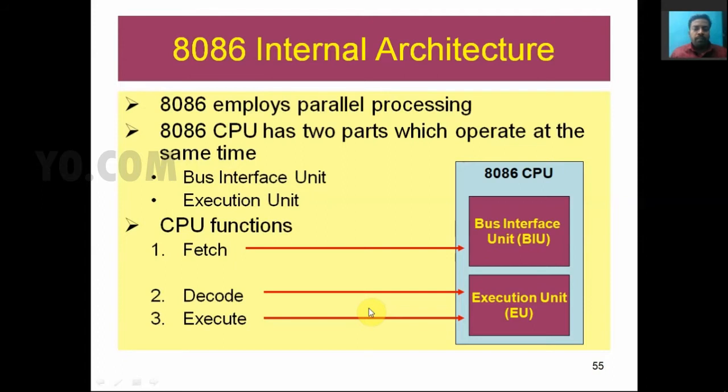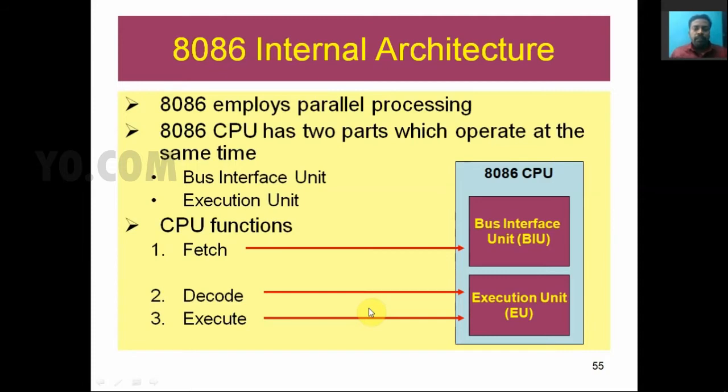The two parts are the bus interface unit and the execution unit, BIU and EU. The bus interface unit's function is to fetch the instruction from memory. Fetch means take the instruction from memory. Then the execution unit performs two functions, decode and execute.